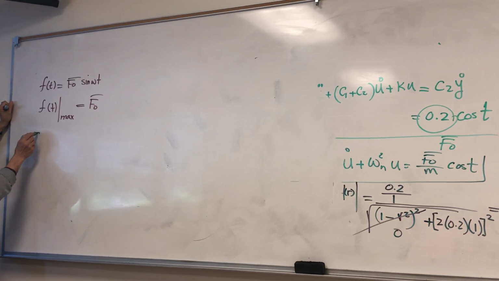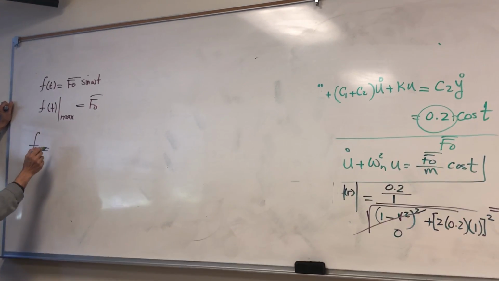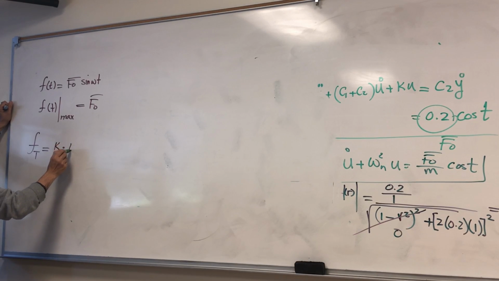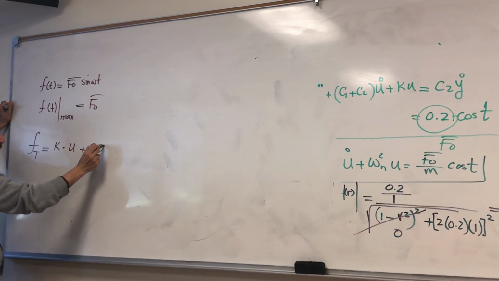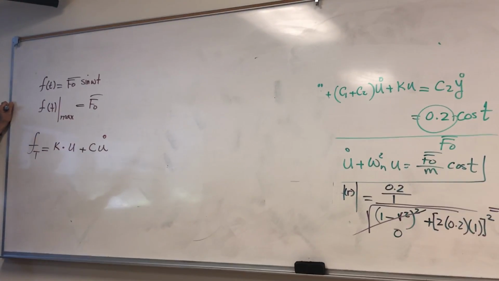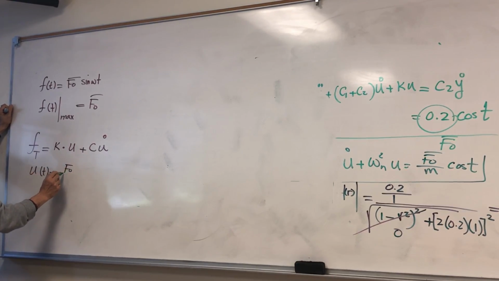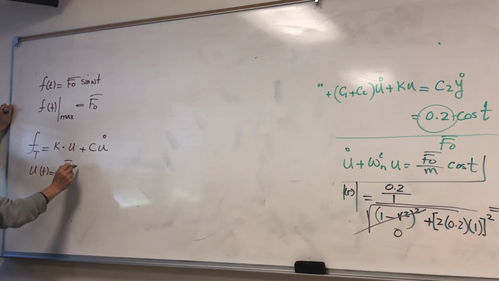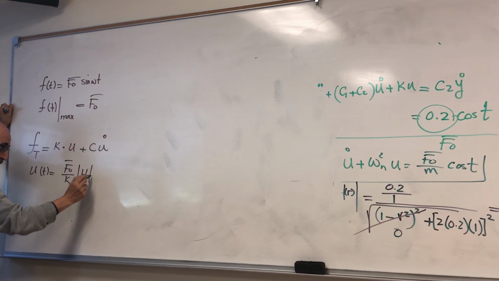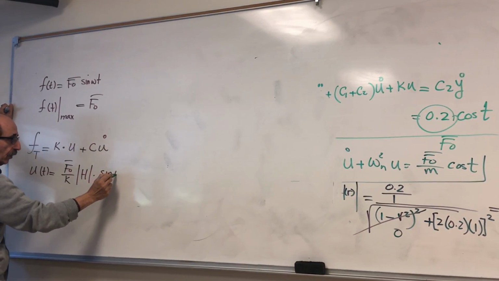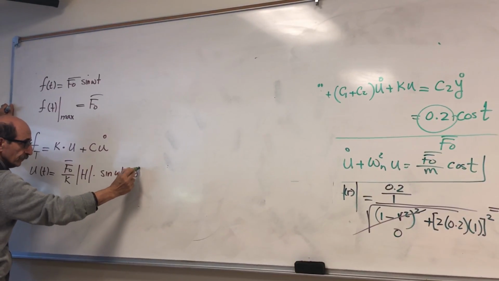But what is that transmitted force? The transmitted force, we said, is K times U plus C U dot. In the case of a harmonically excited system, what was U in general? U of t was F0 over K times H sine of omega t minus theta.